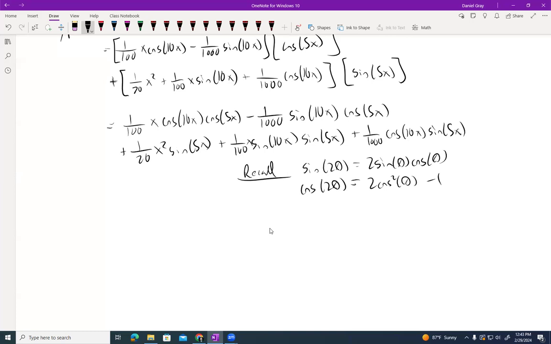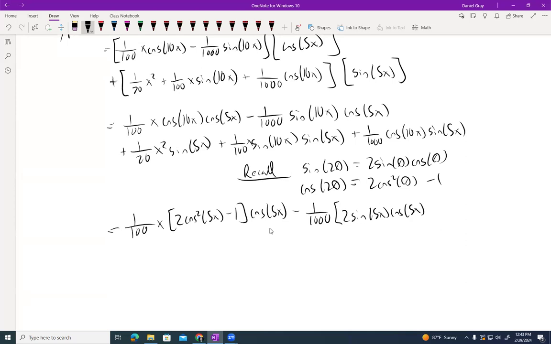If I plug that in, this is going to be 1 over 100 times x cosine of 10x, so that's cosine of 2 times 5x, that will be 2 cosine squared of 5x minus 1 times cosine of 5x. Minus 1 over 1,000 sine of 10x, that would be the same thing as 2 times sine of 5x cosine of 5x, times cosine of 5x.